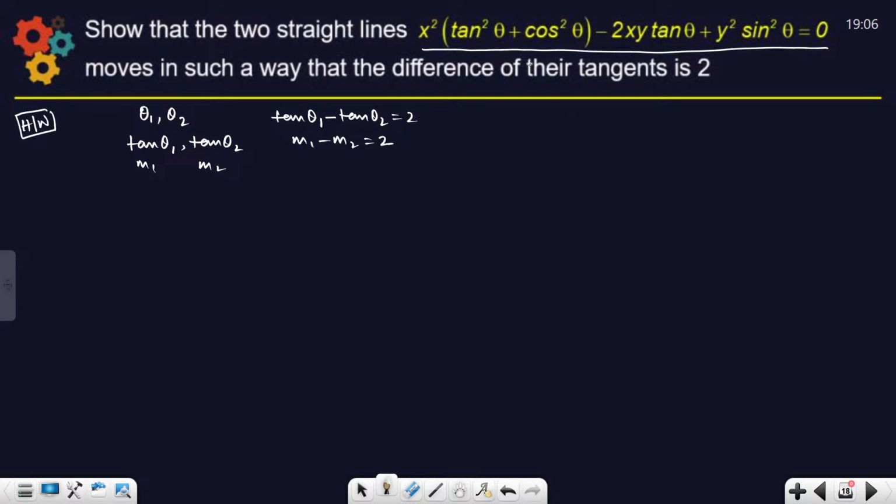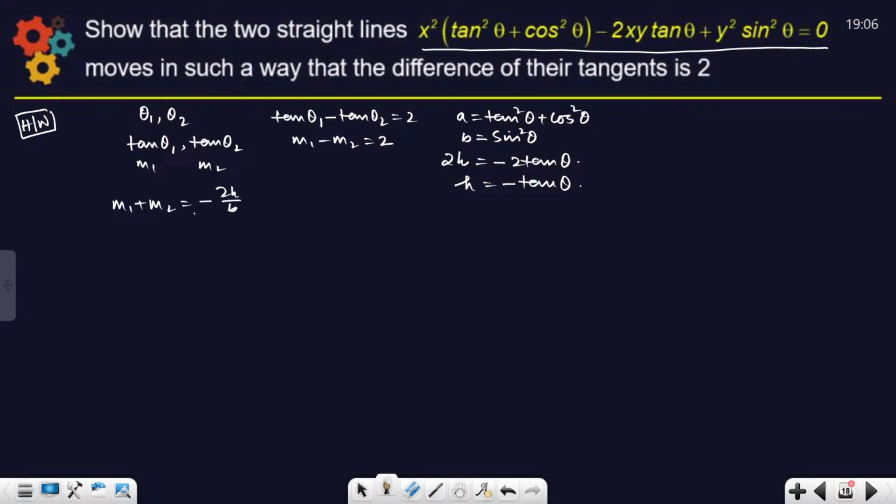Simple thing. You find out what your A is over here. A is what? Tan square theta plus cos square theta. What is B? Sin square theta. What is H? 2H is basically minus 2 tan theta. So H is what? Minus tan theta. That's it. Okay. So what will be the sum of the slopes?